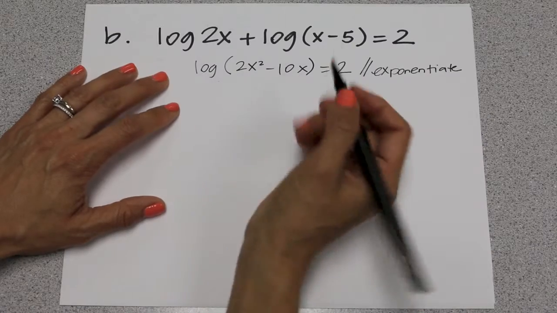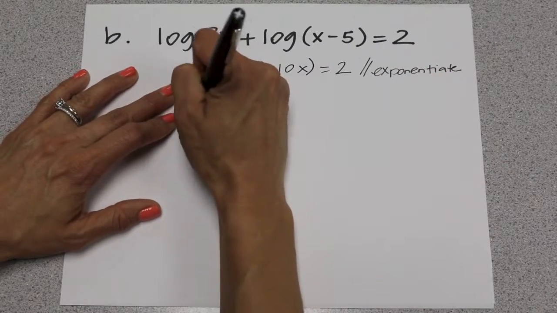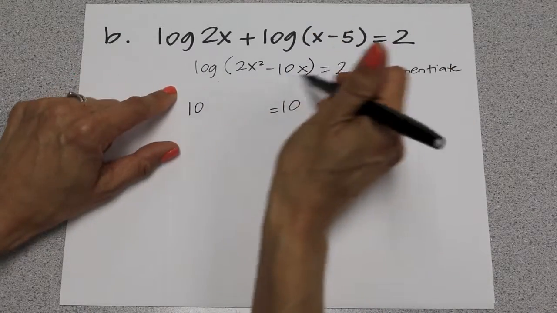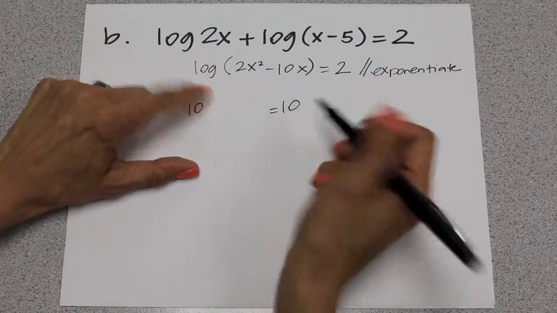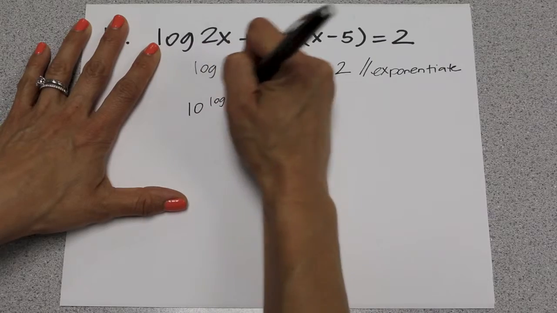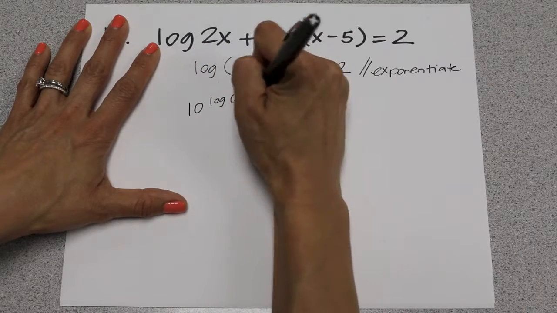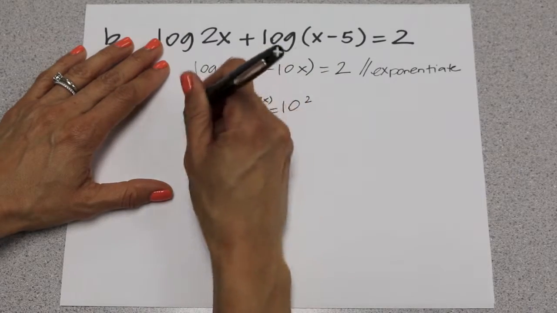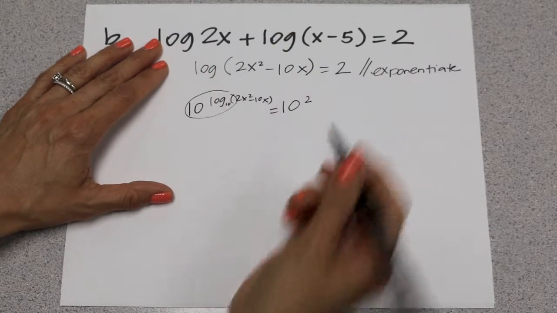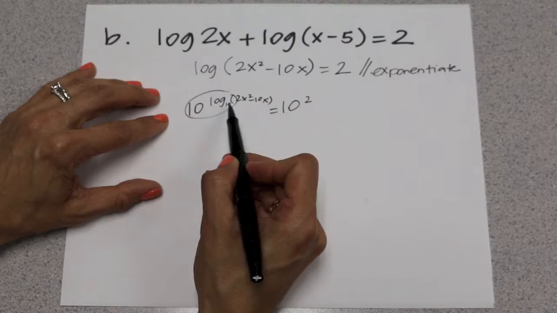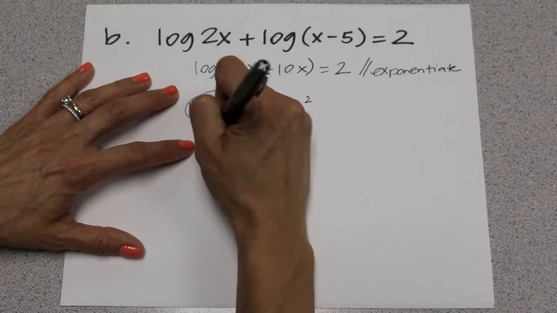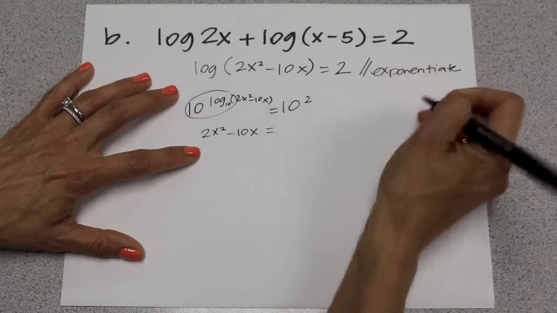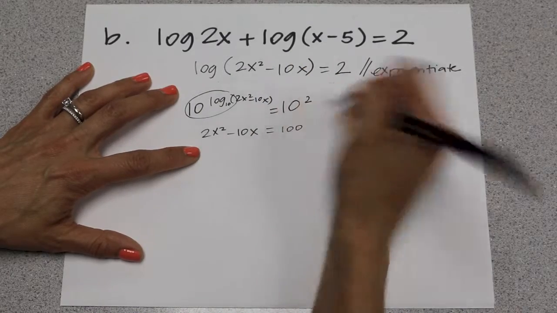So to exponentiate, it's really strange. You take 10 and you move both sides of the equation into the exponent. At this point, because this is technically a base 10 right there, these are going to undo each other, and you're left with 2x squared minus 10x equals, then over here you get 100.